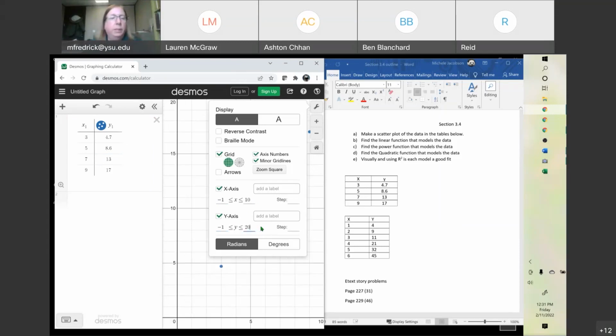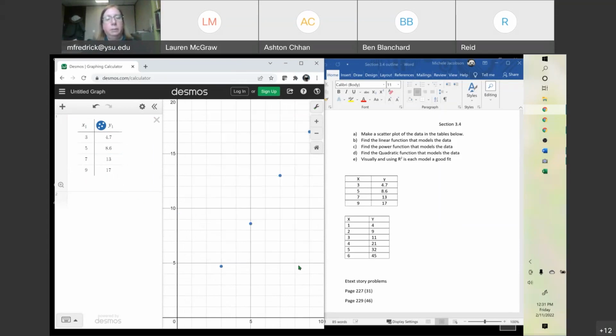So what I did was I looked at my table and made sure I had something below 3 and above 9, and then below 4.7 and above 17. That way I can see all my points. Kind of looks like a straight line, but it also could be part of a parabola. Any questions on getting the graph?